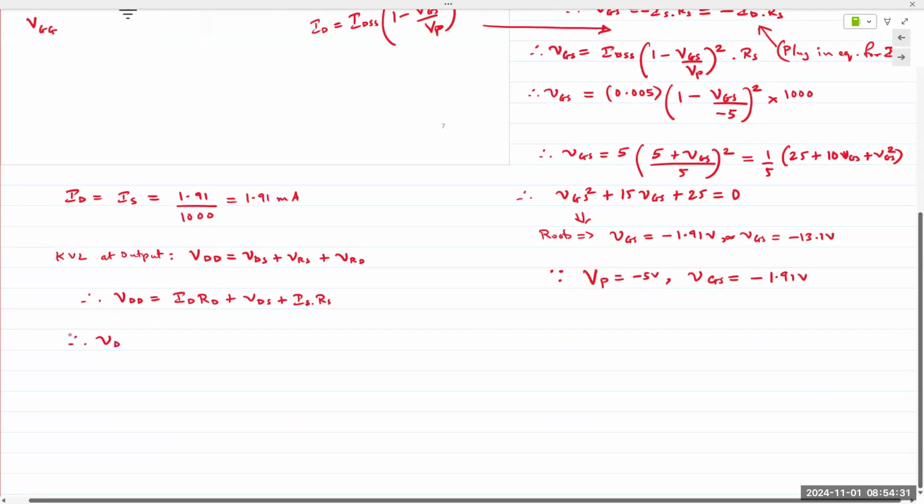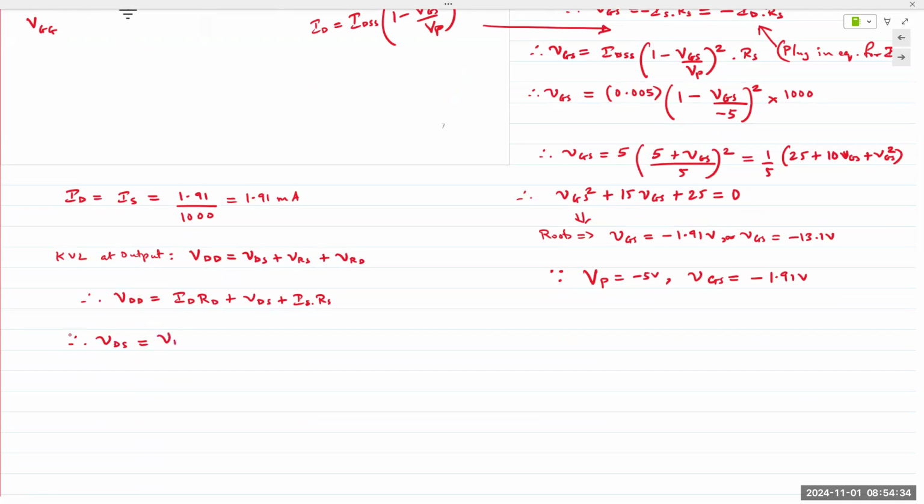And then therefore, we can write the VDS expression as VDD minus ID RD minus IS RS. 12 volts minus 0.00191, 1.91 milliamps, times 3000, 2000 plus 1000, just combining both resistors together because the drain and the source current are the same.